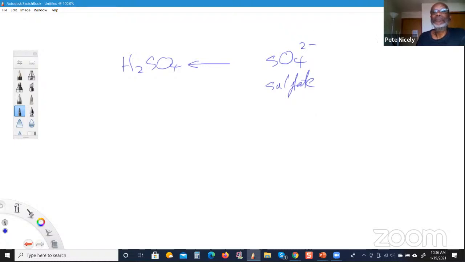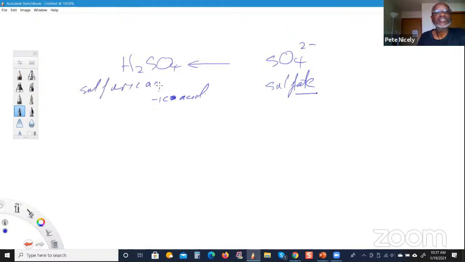Well, according to IUPAC, the name of the acid that derives from the anion is obtained by dropping the ATE ending and replacing that ending with ic acid. All right. So for example, in this case, this is a sulfate ion right here. Then the name of this acid is sulfuric acid.